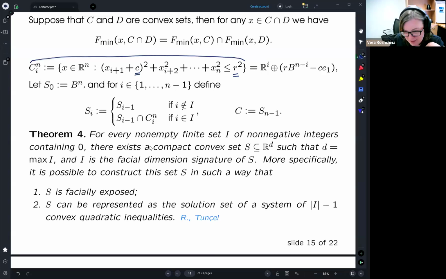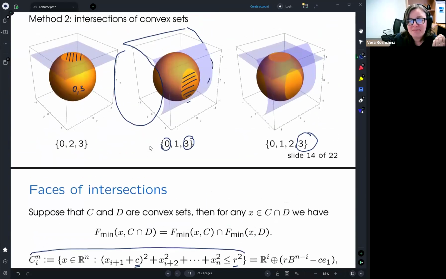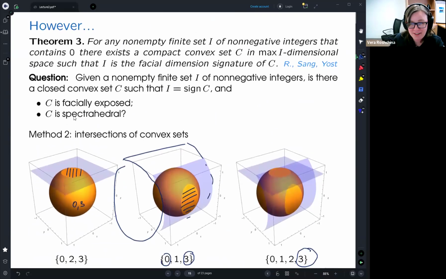So why is this even important? Because it has a direct impact on representation problems. So I don't actually know what is the most efficient spectrahedral representation for something like this.